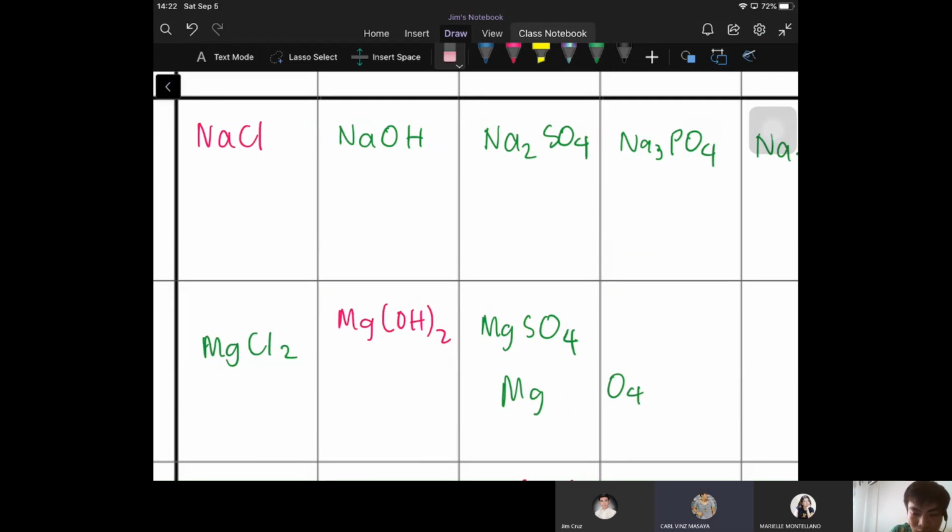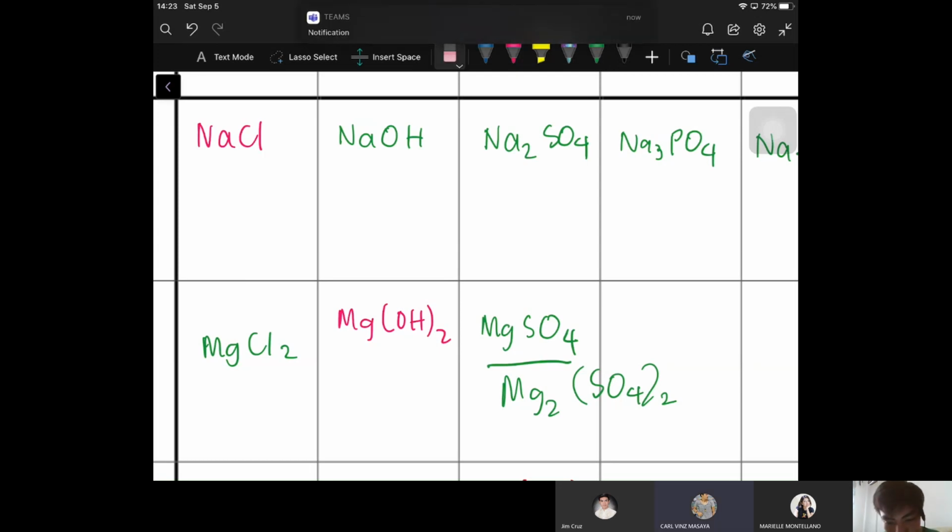Pwede mo na lang burahin yan. So, you can simplify it further. Ang idea kasi dito is that yung ionic compounds natin, they follow the empirical formulas. So, yung 2 and 2, pwede mo i-reduce yan, di ba? So, empirical formula dapat. So, MgSO4 lang.